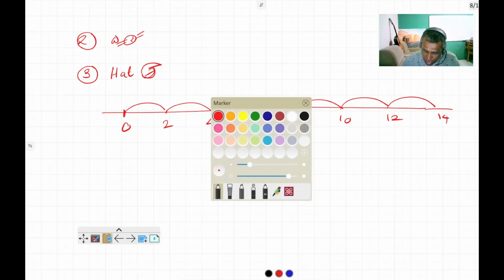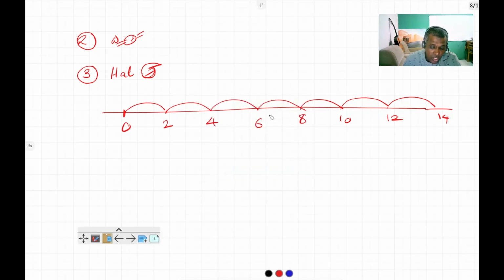Next, each and every 3 days I am wearing my hat. Starting from this day, 3. I am jumping to here. This is 3. Next is 6. 6 is here already. That means on this day I am wearing watch and hat.